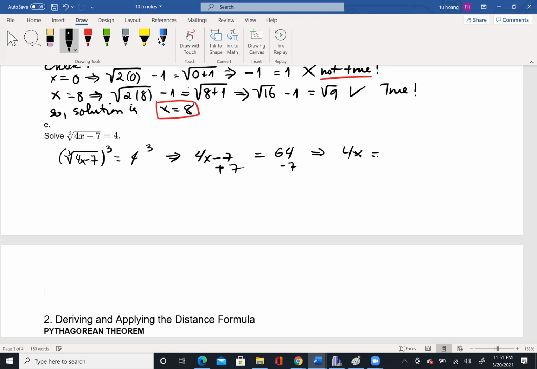Add 7 to both sides. So 64 plus 7 is going to be 71, and 4x equals 71. I'm going to divide by 4 on both sides, and that gives me x equal to 71/4.